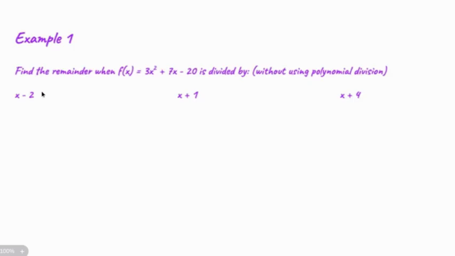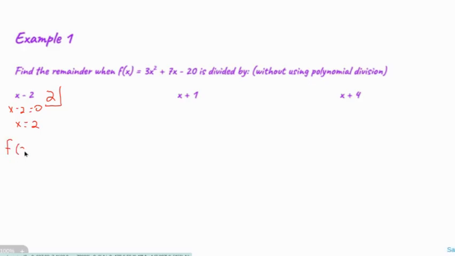Well, it's quite simple. We can relate it back to synthetic division. Think back to if we set it up, we would put a 2 in this space, okay? That would be if we're setting this equal to 0, we get x equals 2. Well, we can simply get the remainder by plugging in what we would usually plug in for synthetic division.